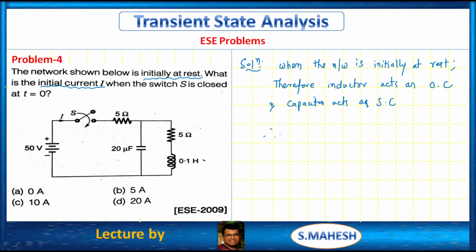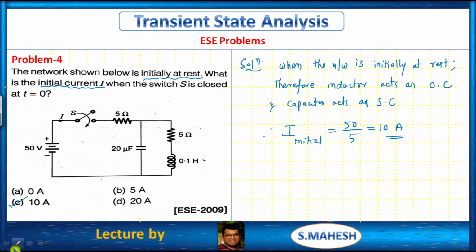Therefore the initial current is 50 by, with the inductor open circuited and the capacitor short circuited, right? Simply we have the supply voltage by the 5 ohm branch, that's it, which equals 10 amps of current.